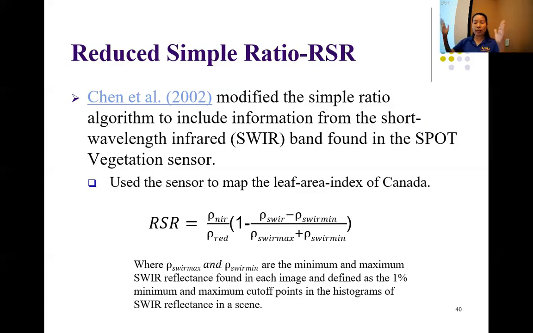But if you truncate 1% on each end and then take that value, your result will be much more stable, because you avoid those random extreme values, especially the minimum value.